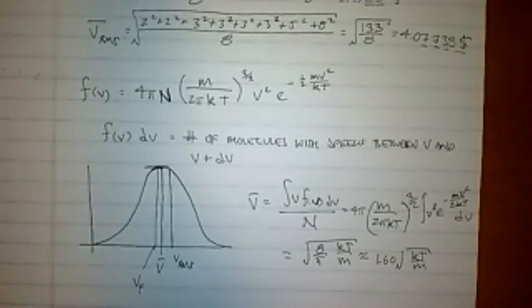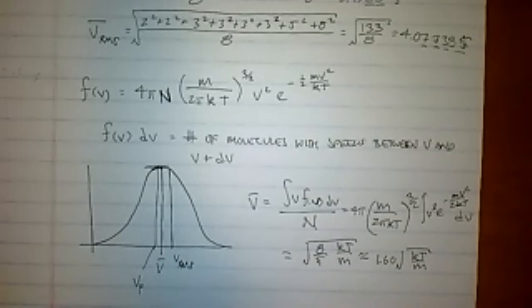Remember what we had before? We had the square root of kT over m. Actually, I think we had the square root of 2kT over m.